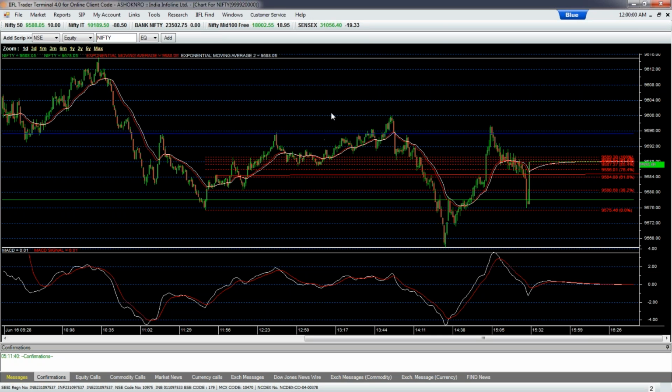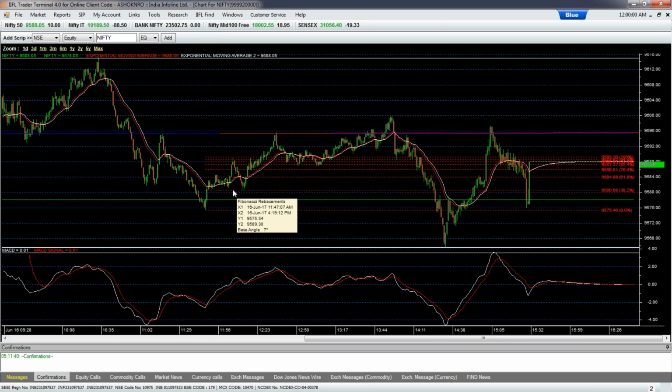So when it hits the second target, your stop loss has to move to your first target. That is the place when the market has to go down. When you are following a trend trade, your stop loss has to keep going higher and higher, and when it is moving fast, you have to quickly move your stop loss to the break even level.